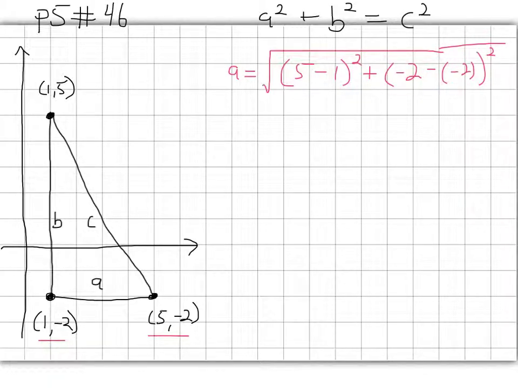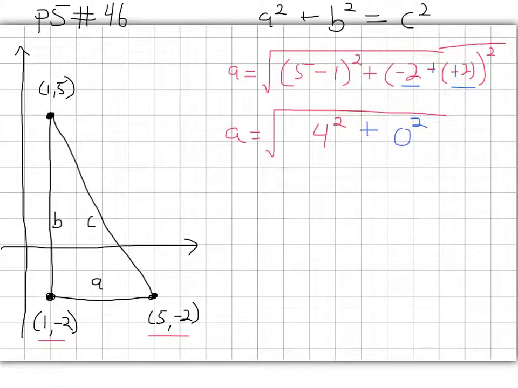Now, doing these subtractions first, 5 minus 1 is 4, so we want to square that. -2 minus a negative 2, we can flip that. Minus a negative is the same thing as adding a positive.